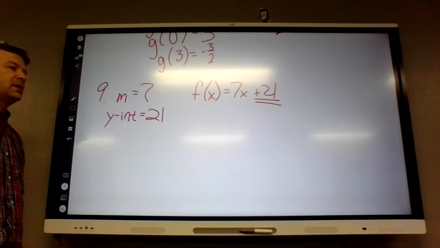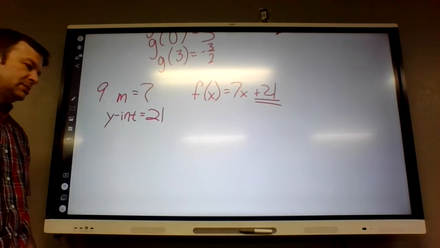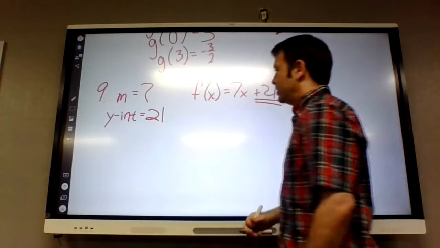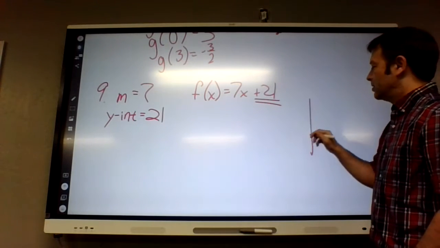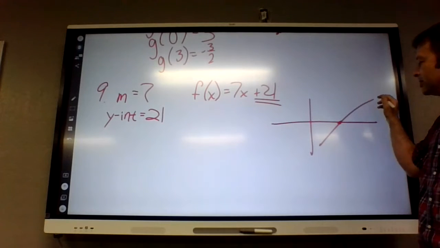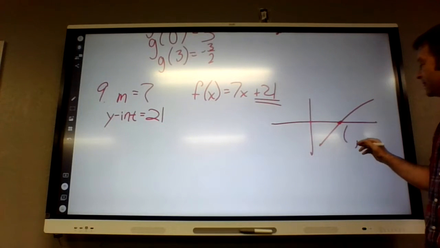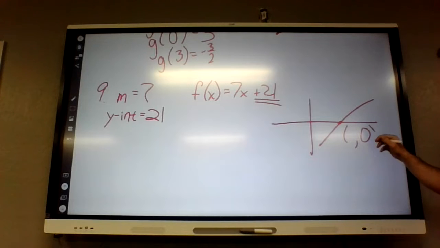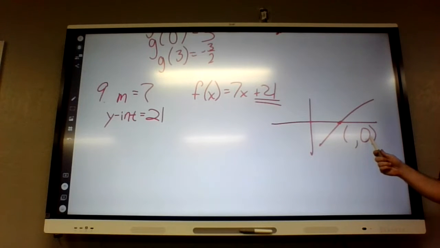How did we find the x-intercept, way back when? The x-intercepts always have a y value of 0. So to find the x-intercept, you put in 0 for the y.